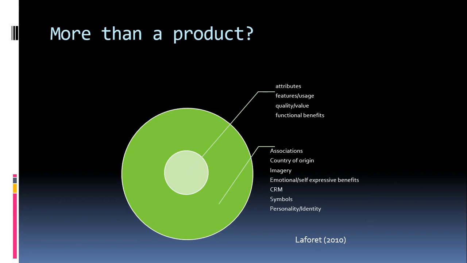The country of origin, which might be an important factor that organisations need to leverage. If you look at some of the German car brands, that's quite important to them. The imagery, so any images that are associated with the brand and how the brand is perceived by its customers, and that links in quite importantly with positioning. The emotional and self-expressive benefits that the consumer gets, so the idea that they can express themselves through the brand but also form an emotional connection, which is really important because it's so powerful.